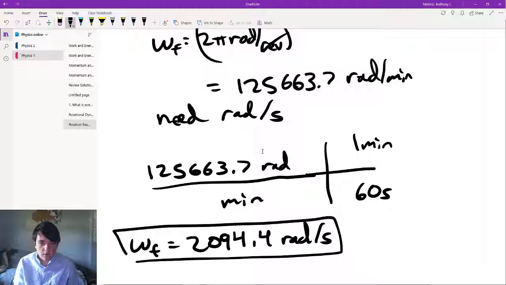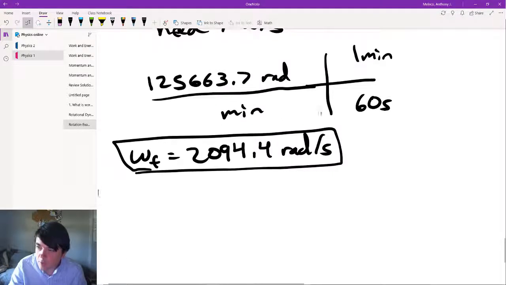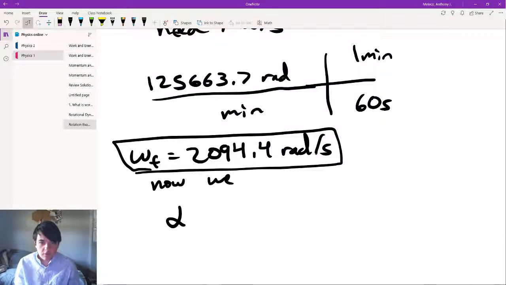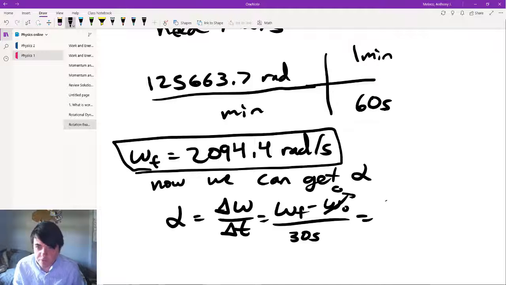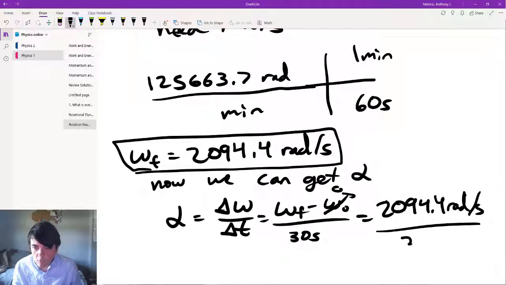Now that we've got omega final, we can find our alpha. Alpha is the rate of change of omega over time, so we plug all those numbers in over 30 seconds.